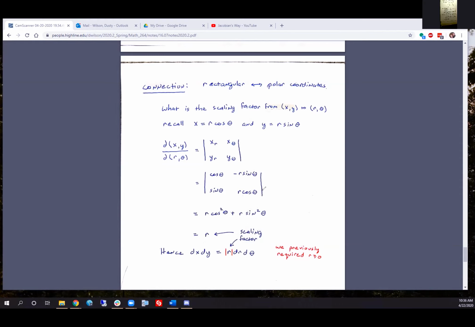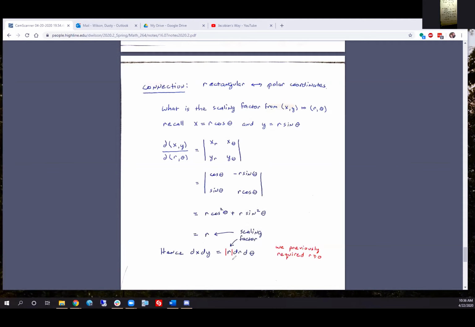Substitute in all your partial derivatives, and it'll probably shock all of you that the Pythagorean identity sine squared plus cosine squared is going to come in. And we find that our Jacobian ends up being r. Our scaling factor ends up being the absolute value of that, but we always end up with positive r's, so we get to drop off that absolute value.